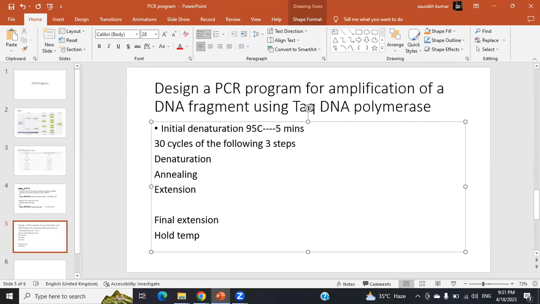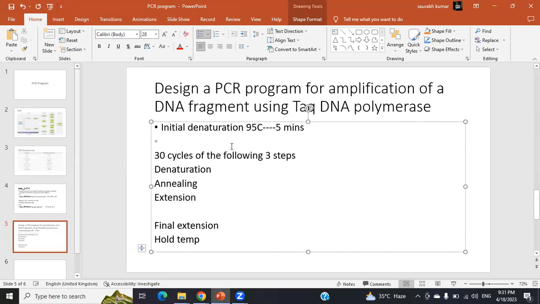This is then followed by 30 cycles of the 3 steps of PCR, that is denaturation, annealing, and extension. So the denaturation here is again going to be at the same temperature, that is 95 degrees Celsius. Time can be less over here, about 30 seconds.